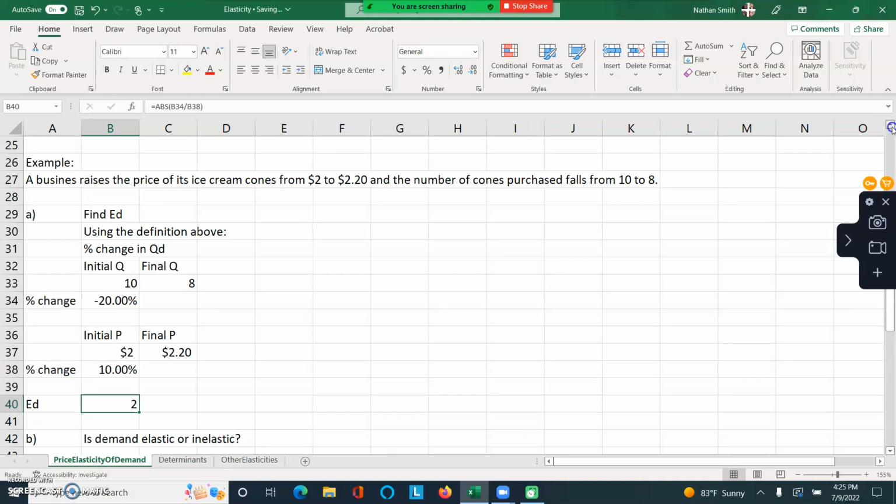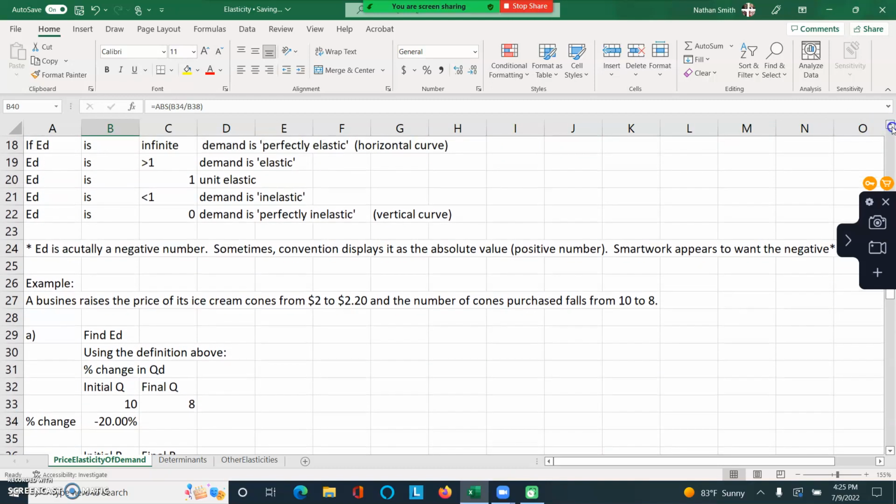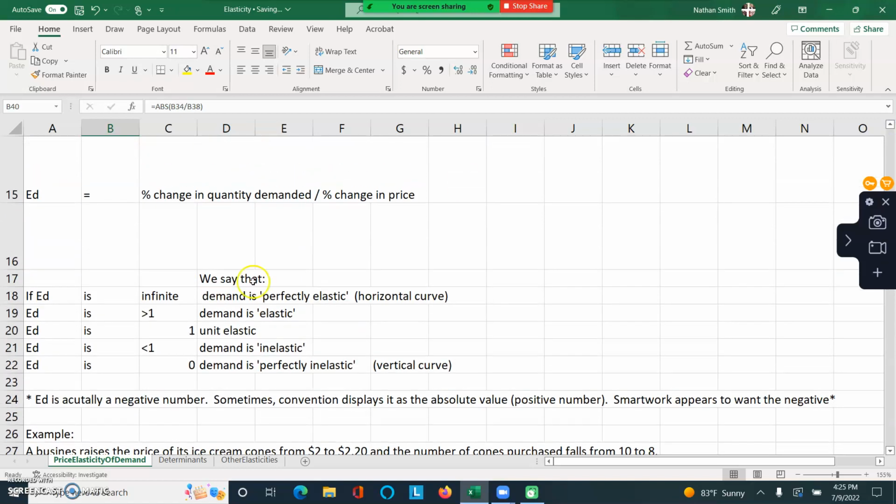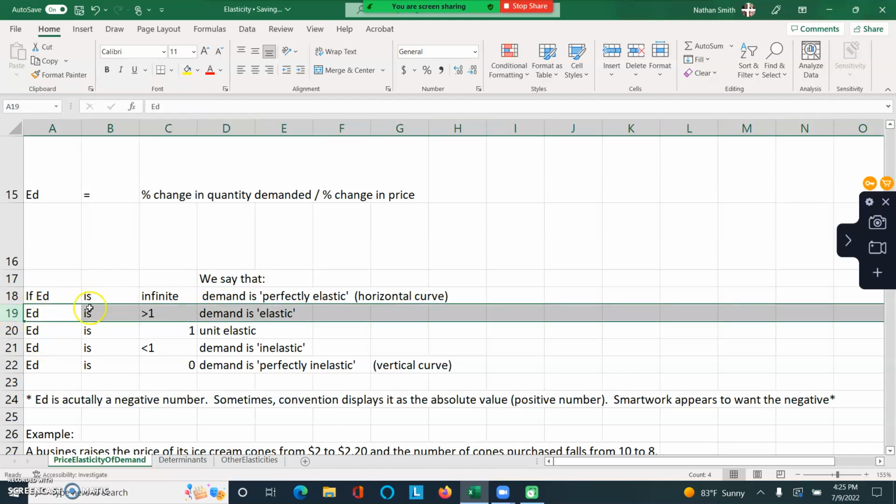Let me scroll back up to the interpretive table that I put together for everyone above. 2 would be in this row because 2 is greater than 1, but less than infinite. So I can see that my demand is elastic.